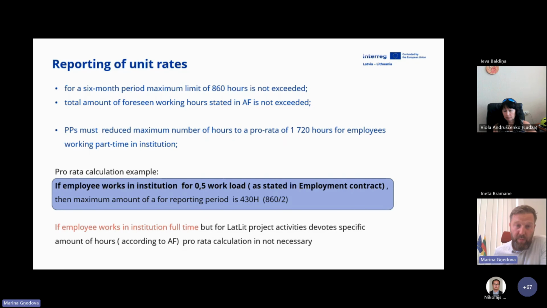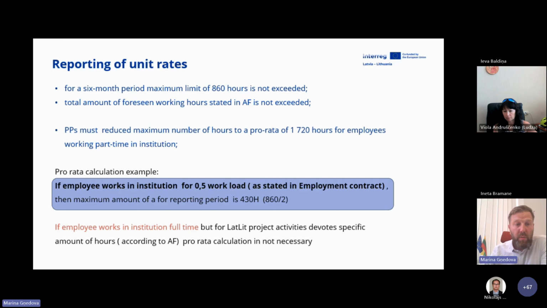per reporting period. Another thing which you have to keep in mind, it very much will depend on your contract, because another restriction for unit rates is if you work full time for institution, then your restriction is 1,720 hours per year or 860 per half year. But if you in institution work for half of the work shift, of half of workload, then these hours should be recalculated prorated.